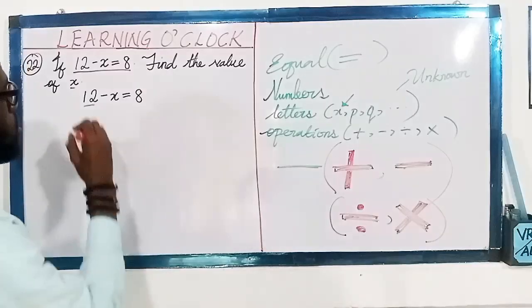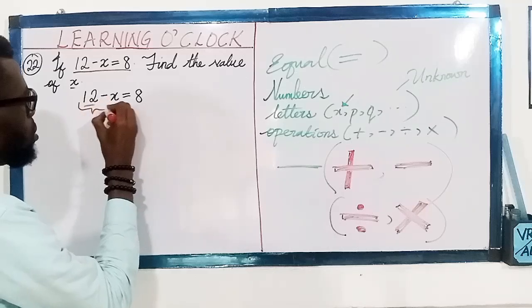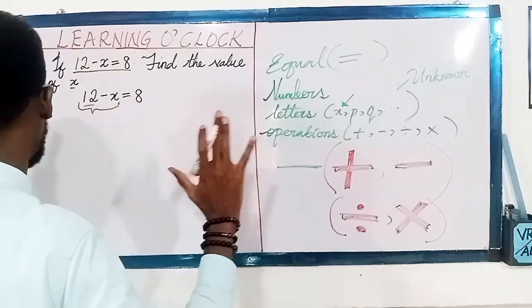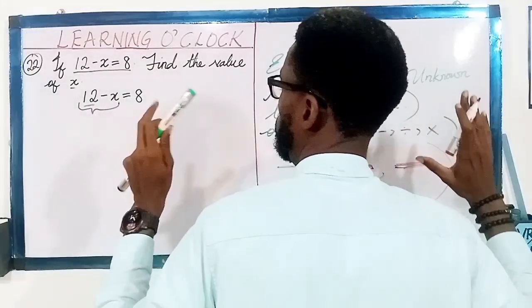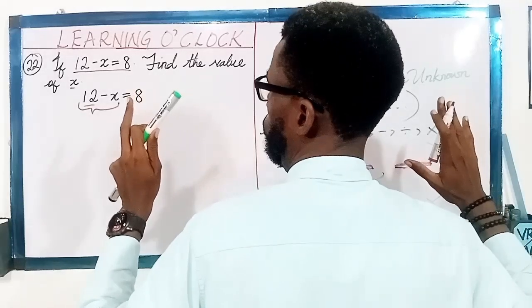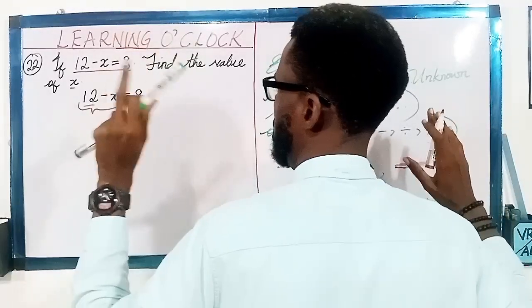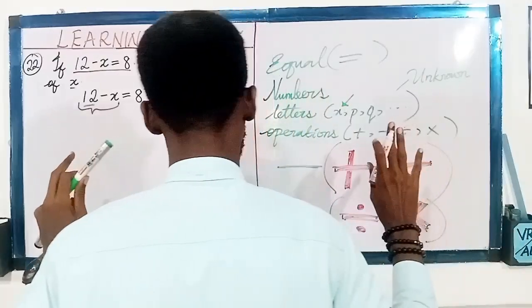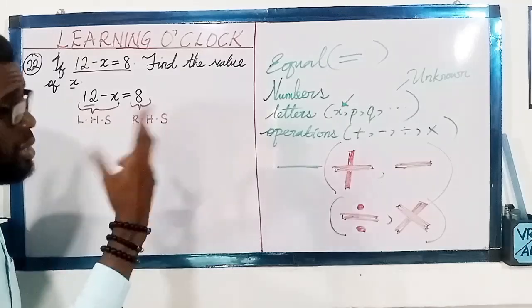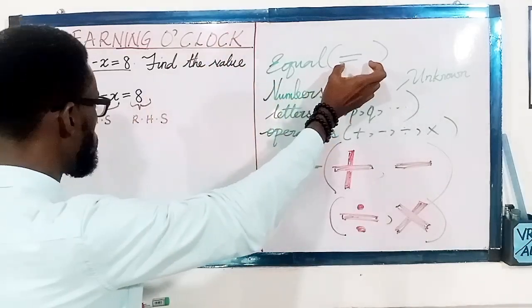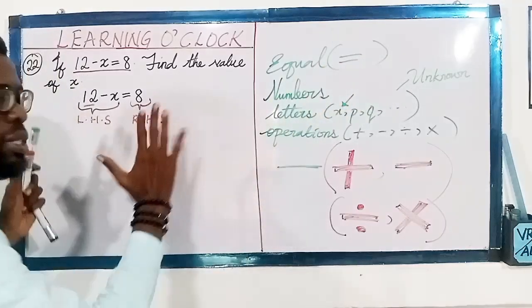Another characteristic of an equation is that it usually has a left hand side and a right hand side. As I say, the equation has an equal sign, so there has to be a balance.